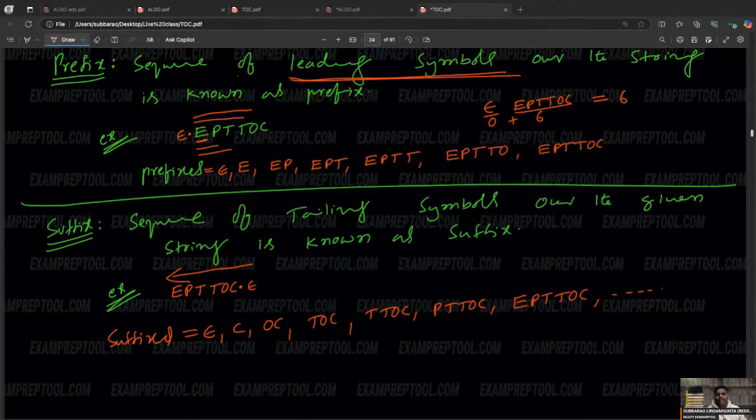Then he got married and got one kid. He liked TOC so much that he kept his son's name as Epsilon.